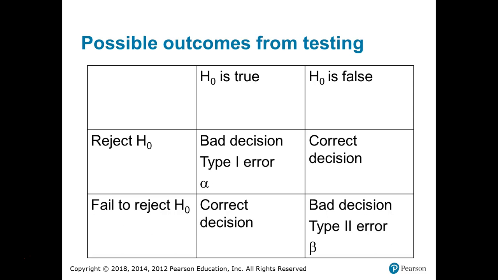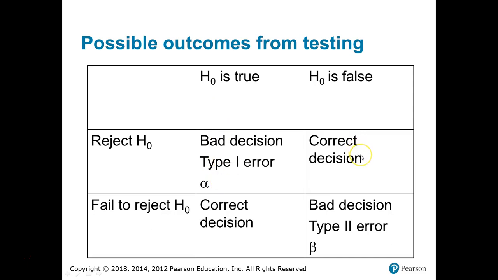So, possible outcomes, similar to your Punnett square before. If your H naught is true and you reject it, that's a bad decision because it is true, and then you rejected a true statement. That would be a type 1 error. We're dealing with alpha.